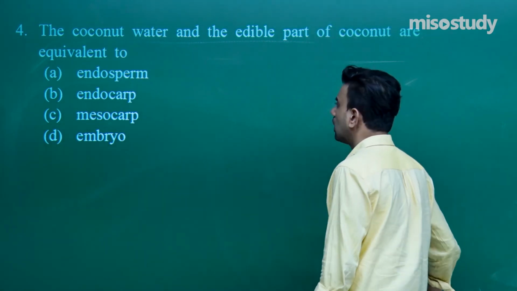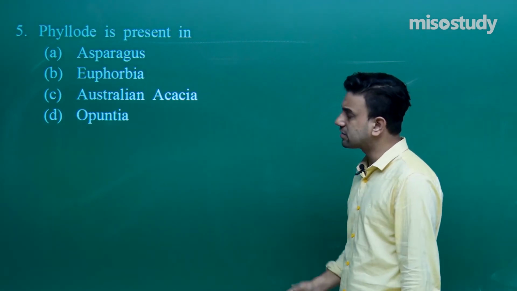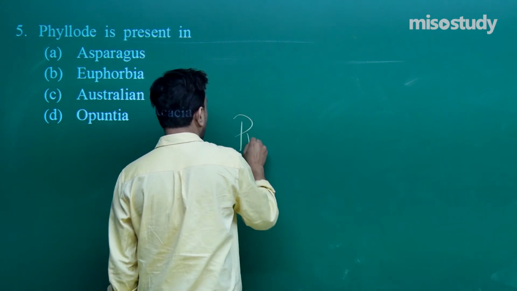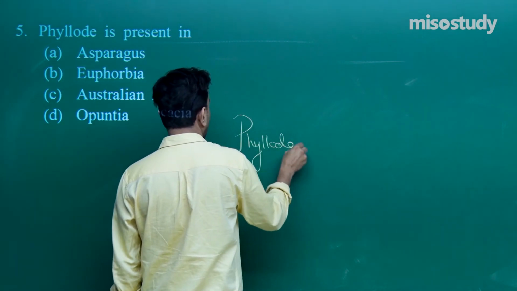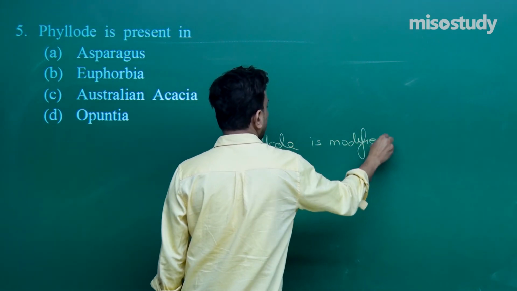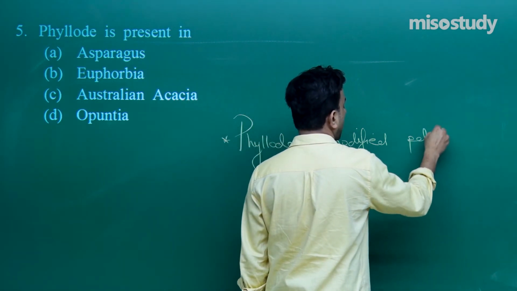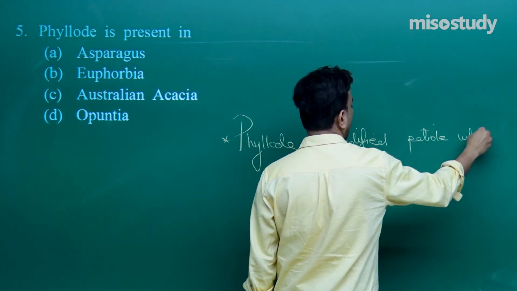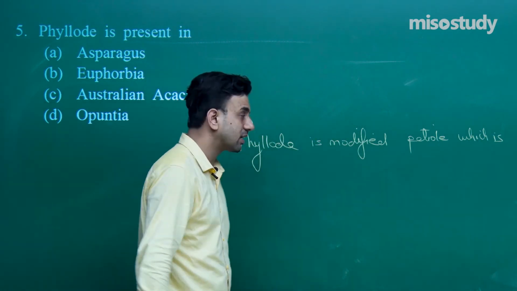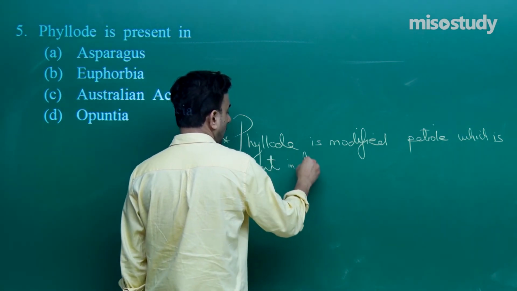Now, phyllode is what? Phyllode is a modified petiole, which is present in Australian Acacia.